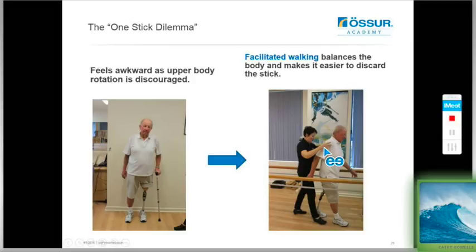Instantly you will feel that the patient produces a much more balanced gait when they're walking. Because you're adding in that rotation, they will be balanced over the prosthesis and they'll be able to walk much more effectively between the parallel bars. It's a really effective technique for getting rid of that stick.